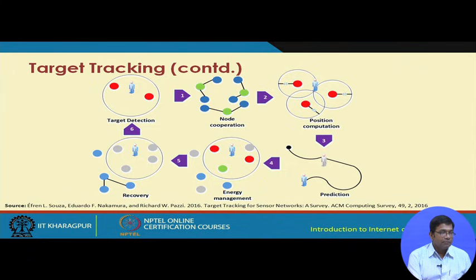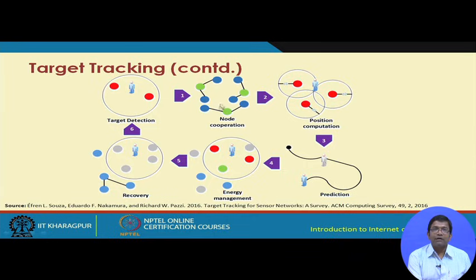Now, what has to happen is that the different nodes have to cooperate for different purposes, maybe for aggregating the data, maybe for relaying the information received about the tracking from other nodes who have actually detected the presence of the target or who are following the target, and so on and so forth.